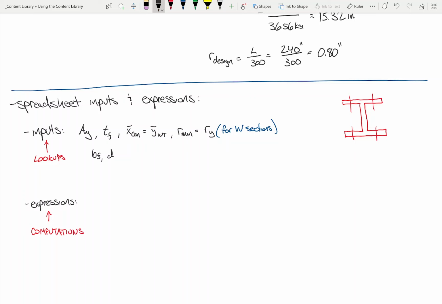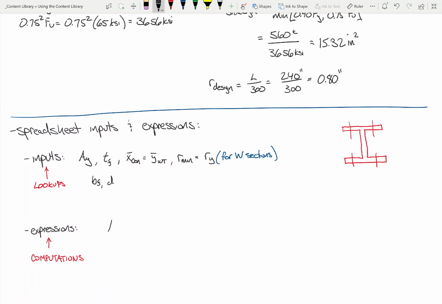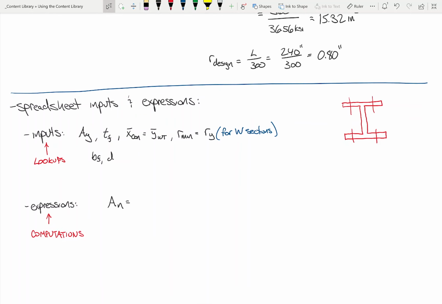Now, my question is, what do I do with these? I believe you said the property I'm going to need is area. Let's talk about that. Let us assume that for a given W shape, I have these. What is the net area for this problem? How do I compute it?